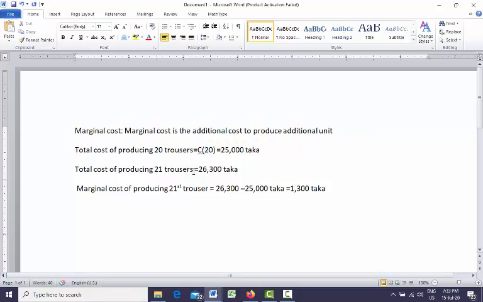Similarly, C of 21 is the total cost of producing 21 units of trouser. So now, how should you write marginal cost?